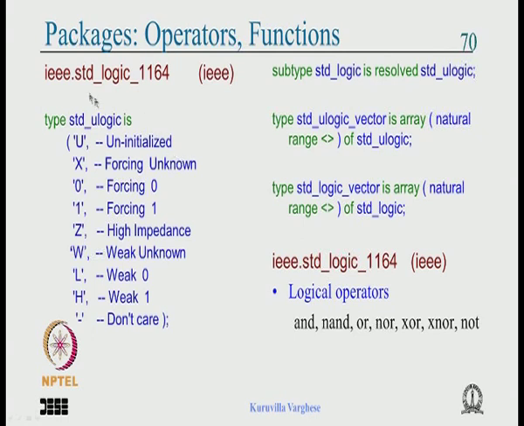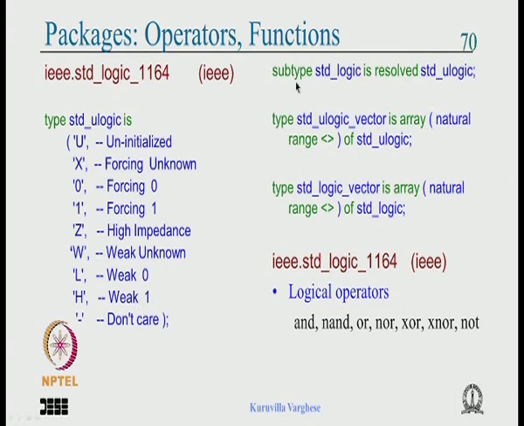We have seen this particular package already, the package called std_logic_1164, which is an IEEE package in the IEEE library, and we know that std_ulogic is defined in that. It takes 9 values: U, X, 0, 1, Z, W, L, H and dash, which is don't care.